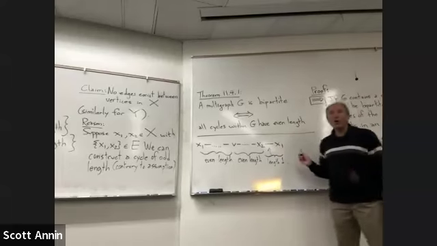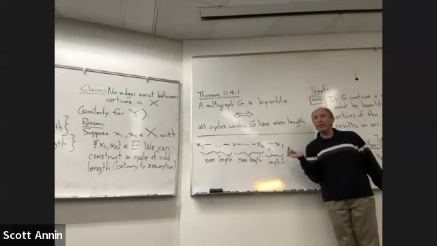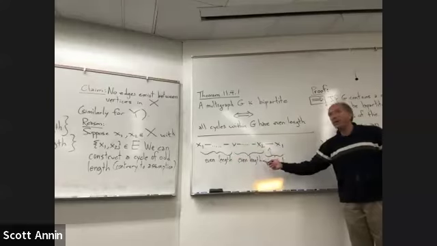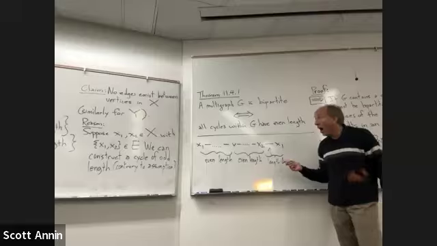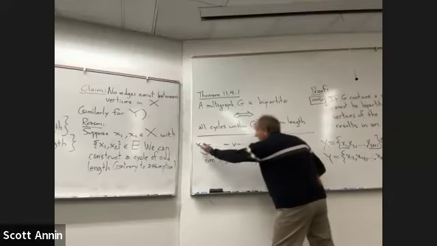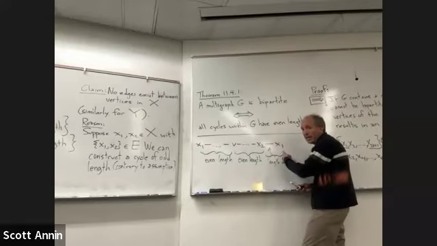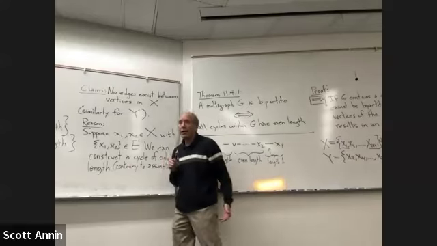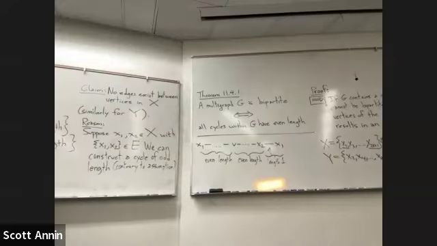So you can see that the total length of this cycle is some even number plus some other even number plus 1. That's odd. This is a cycle. We started and ended at the same point. So it is a cycle, but it has odd length. We just constructed that. And that's contrary to the assumption that all cycles have even length in this graph.